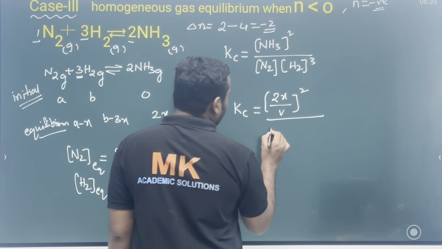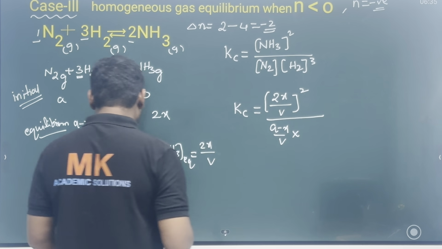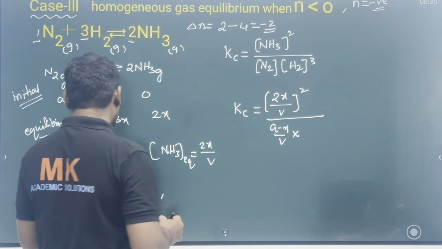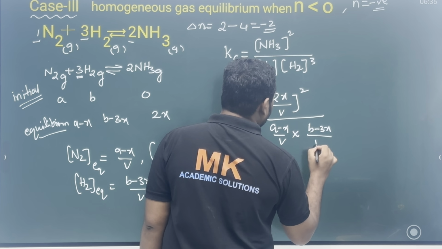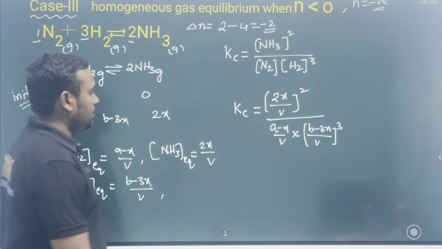A minus x by V, into the H2 concentration, B minus 3x by V, whole cubed. So this is the Kc expression.